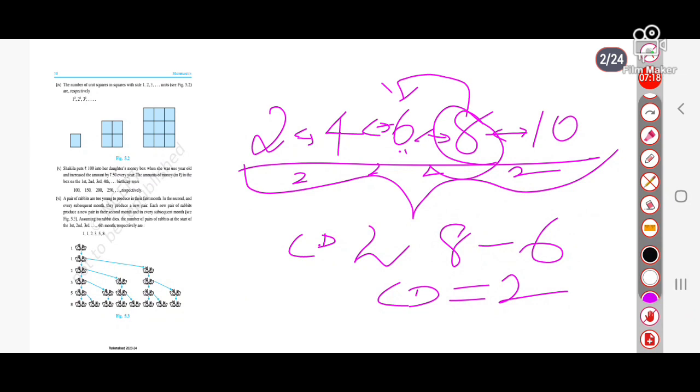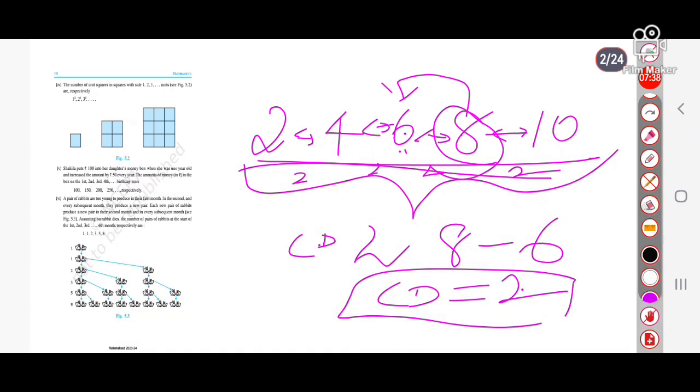So you did 8 minus 6 and got 2. Then check whether the entire sequence has the same common difference, so that you can declare the given sequence is an AP, because we need to check, right?